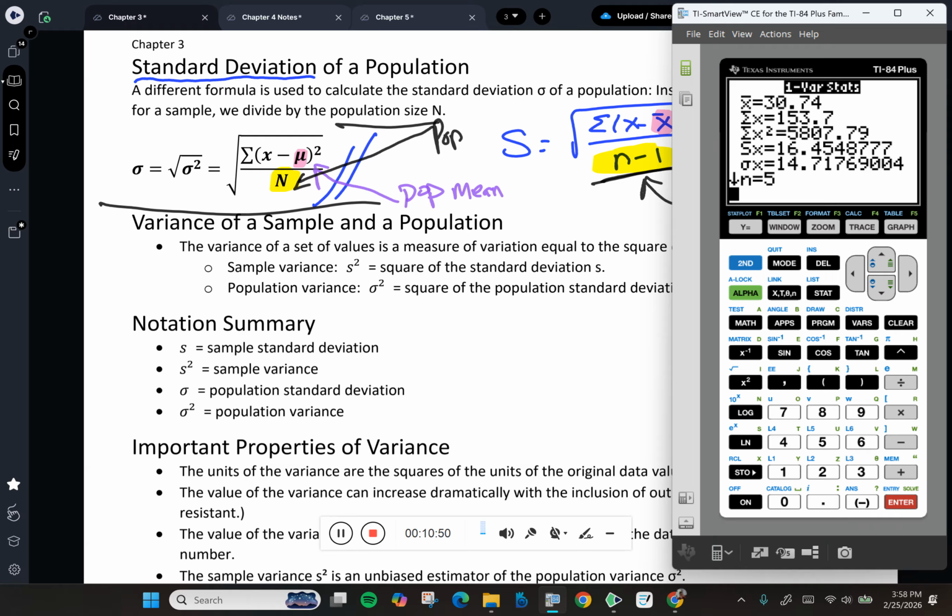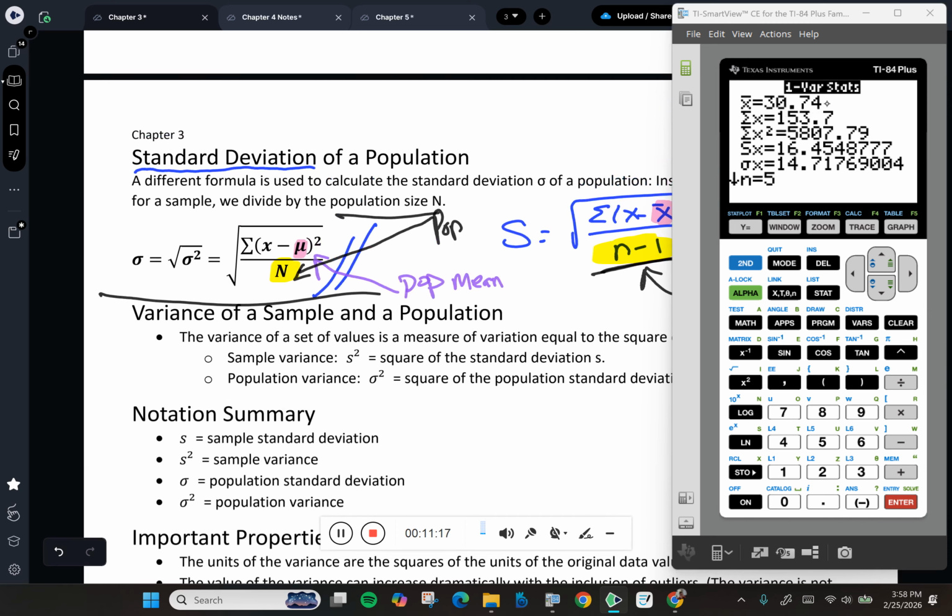Okay? Now, someone might be thinking, well, why isn't there a mu on the calculator? Well, the reason is that the formula for the mean is the same whether your data is a population or whether your data is a sample. So that X bar that's at the top, that's 30.74 up there, if your data was a population data set, you would just report that as mu equals 30.74.